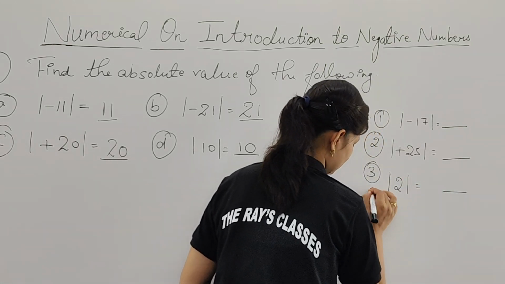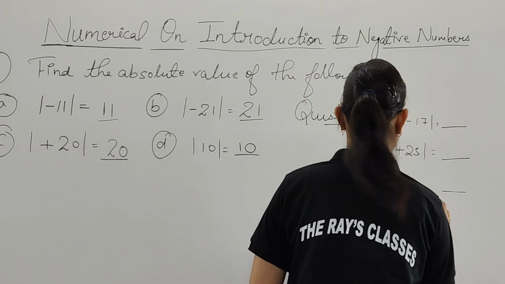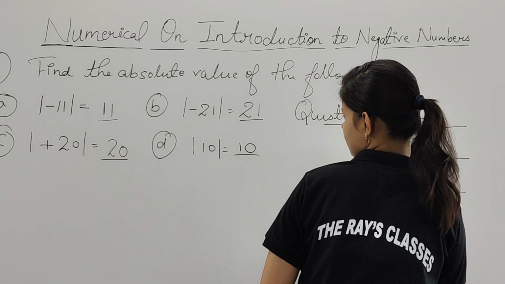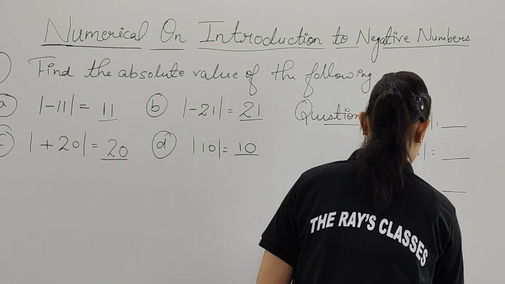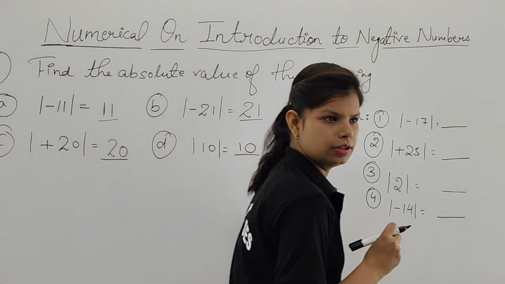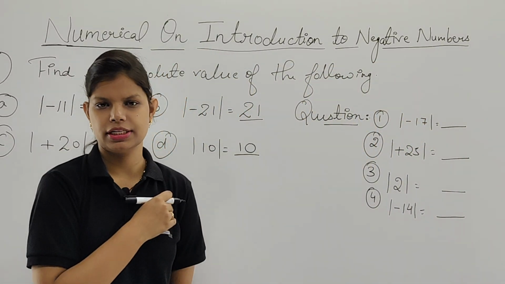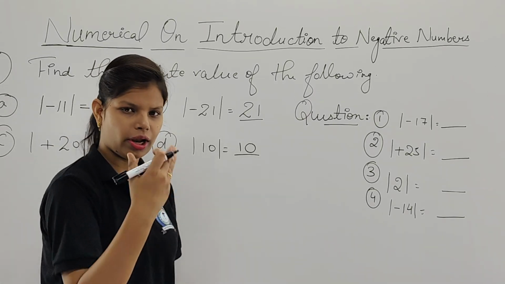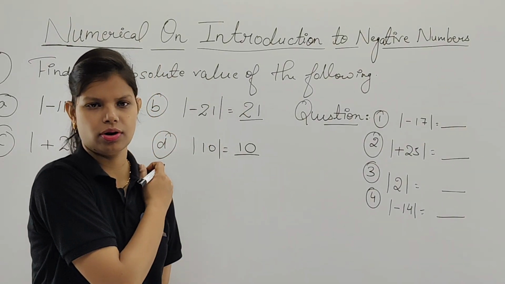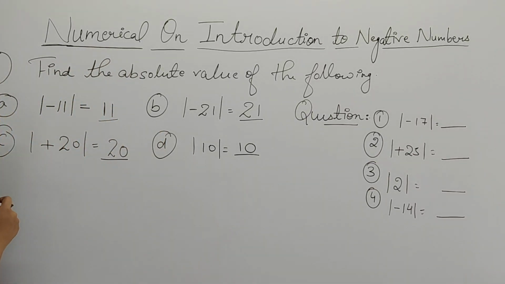And fourth is minus 11, I have given already, no? Minus 10 also I have given, yeah. Minus 14. Clear? So these all are your questions that you have to answer in the comment section. I'll evaluate your knowledge, whether you have understood the things properly or not. Otherwise, I'll bring one more video where I'll explain the things once again to make you understand the concepts. This all is about absolute value.